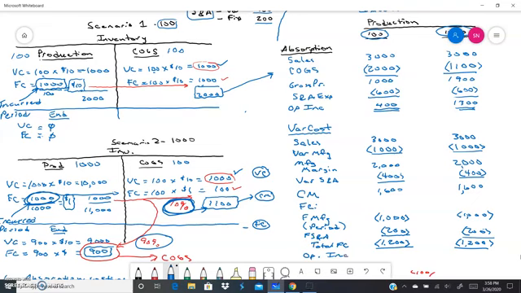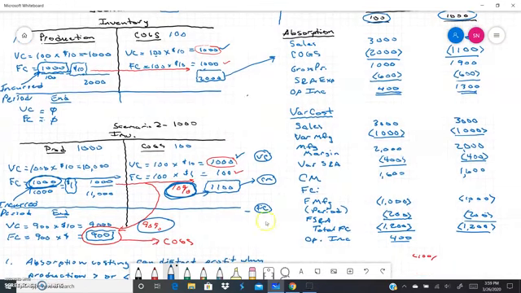And in this case, of course, 1600 minus 1200, we're going to get 400. Let me just move this up just slightly. 400 for both production scenarios. And that's the way it should be.